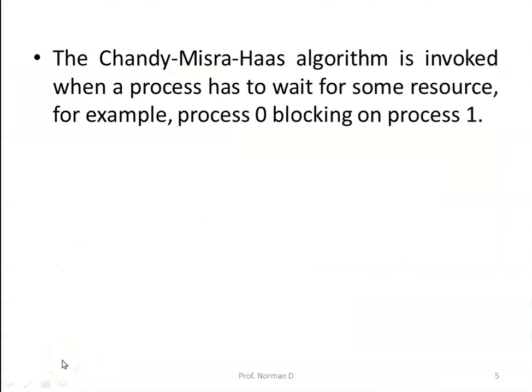So the Chandy-Misra-Haas algorithm is invoked when a process has to wait for some resources. As we have seen in our example, process 0 was blocking on process 1. So in this case, the Chandy-Misra-Haas algorithm would be invoked.